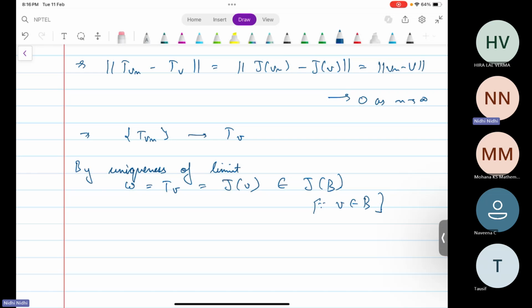It turned out that it is an element in JB. This implies B star star is a subset of JB.